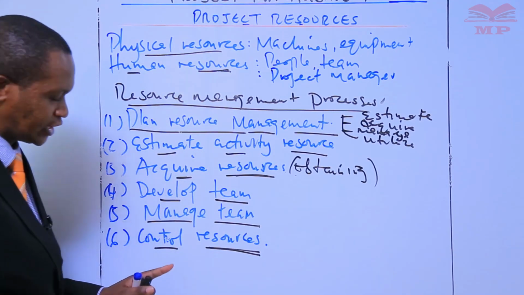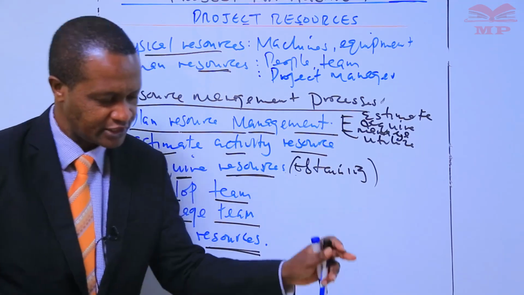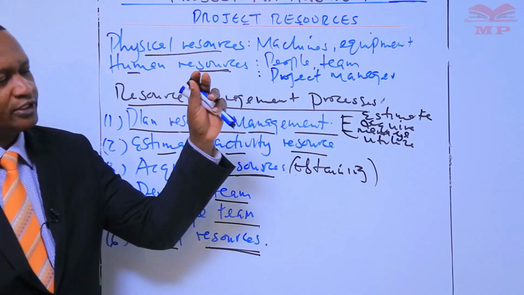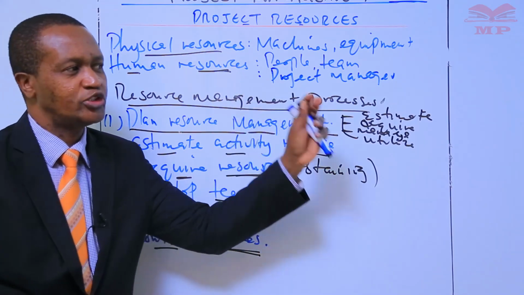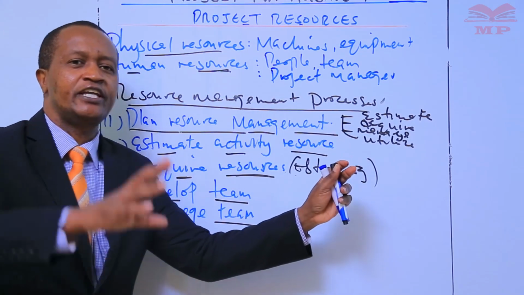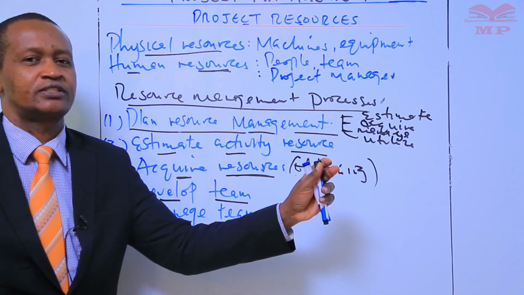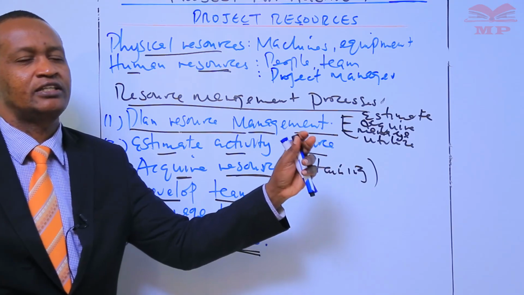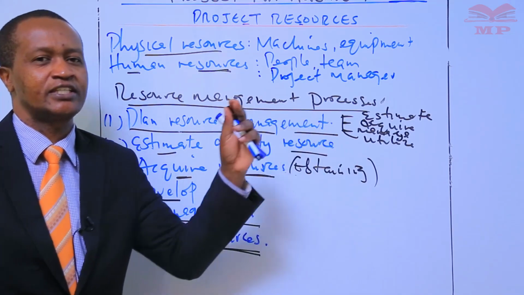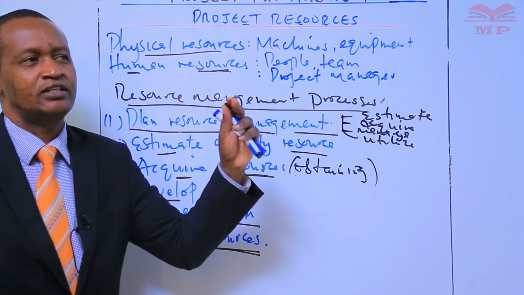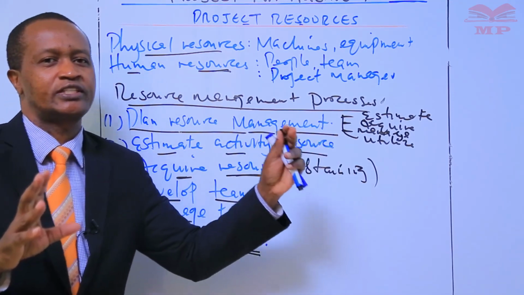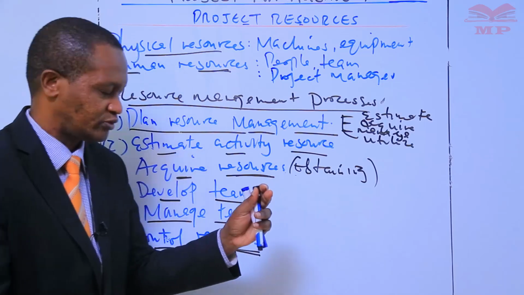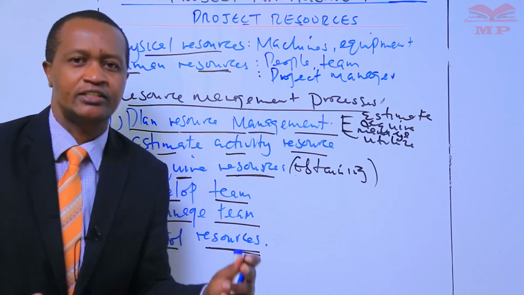To control resources means that the project managers measure the actual performance vis-a-vis the planned performance and identify variances. Then, based on the variances, the project manager should ensure that there is corrective action as necessary.